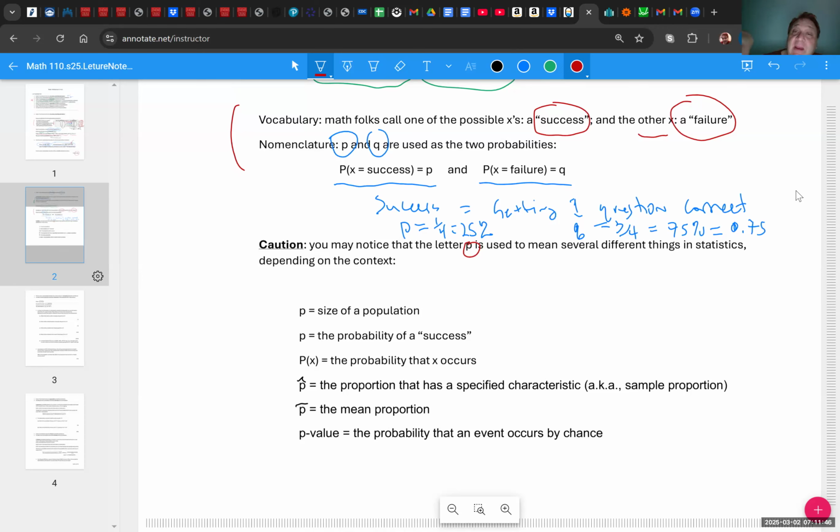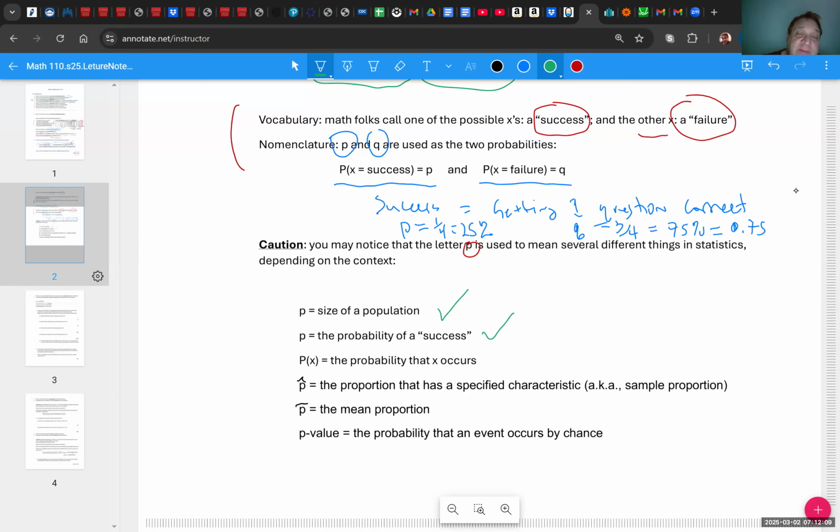So in the very beginning, in chapter 1, we said P is going to be the size of a population. Now we're seeing P is the probability of a success, right? Capital P is the probability that something occurs, the probability of X occurs or some event.